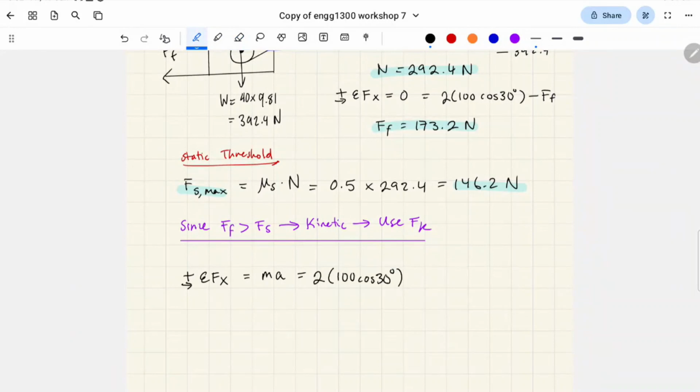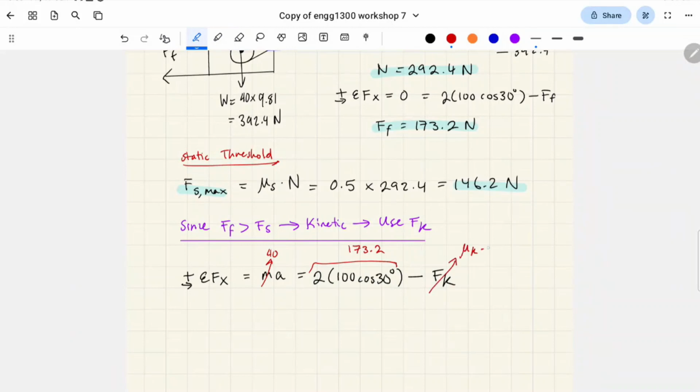So that's the 2 lots of the tension horizontal component. The mass was 40 for the box. This whole part is equal to 173.2.